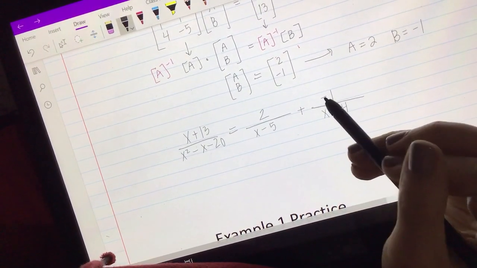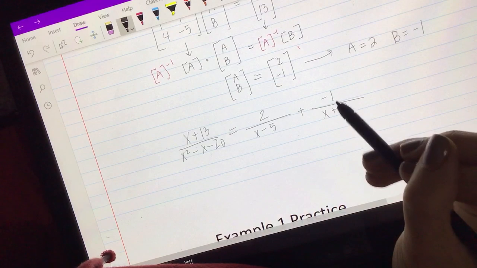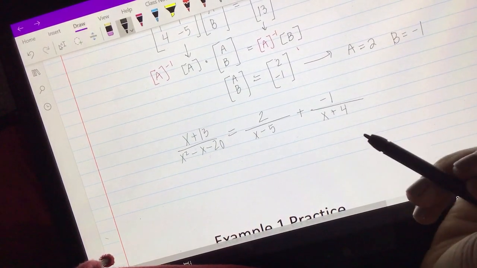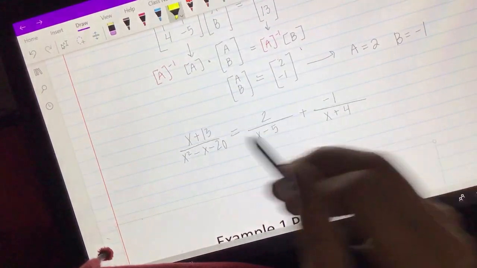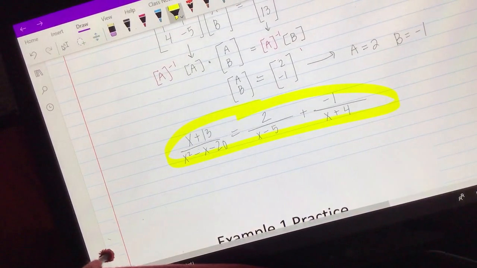Now you could write this as a minus sign here and just make it 1 over x plus 4. That's equivalent, but it's not necessary. So this is your final answer for this problem.